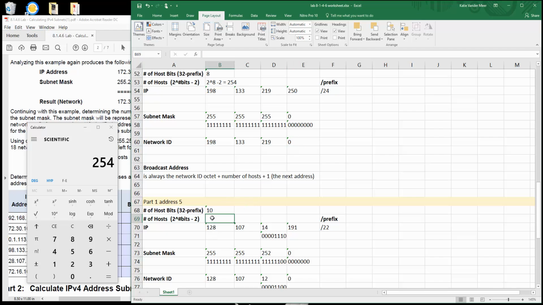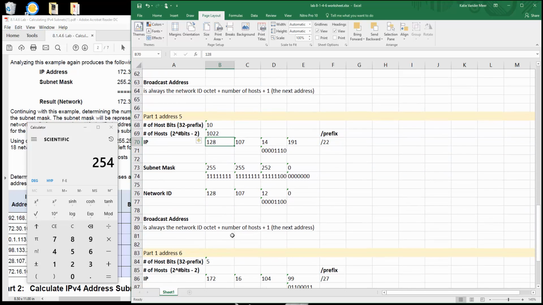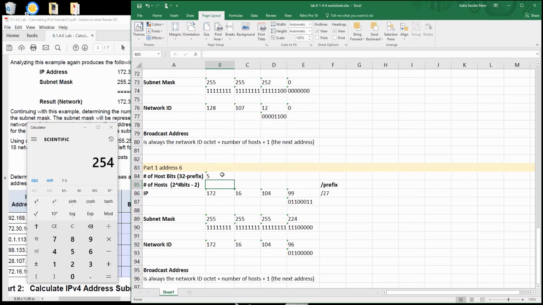Address 5, that's going to be 2 to the power of 10 minus 2. Comes out to 1,022. And then the last one, 2 to the power of 5 minus 2. 2 to the power of 5 is 32. Minus 2, we have 30. So here, on each of our subnets, what this means is we have 30 computers on each of our subnets.